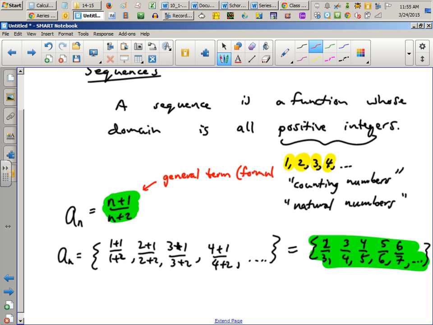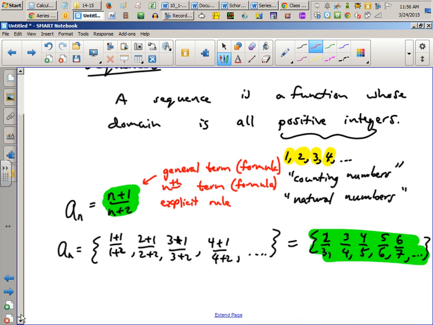Some people call it the nth term or nth term formula. Some people call it the explicit rule. There's a lot of names for that thing. Later it might get called the summand. We'll see later.